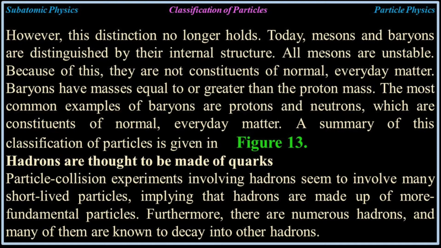Hadrons are thought to be made of quarks. Particle collision experiments involving hadrons seem to involve many short-lived particles, implying that hadrons are made up of more fundamental particles. Furthermore, there are numerous hadrons, and many of them are known to decay into other hadrons.